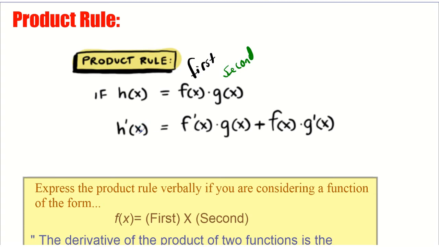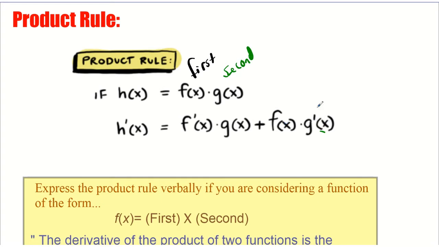The product rule says that if you have two things multiplied together, the derivative turns out to be the derivative of the first one multiplied by the second one, just as it is, plus the first function, just as it is in the original question, multiplied by the derivative of the second one. You might say, how did you know that? That's what these little symbols mean, g prime and f prime. So this is the derivative of the first multiplied by the second plus the first multiplied by the derivative of the second.